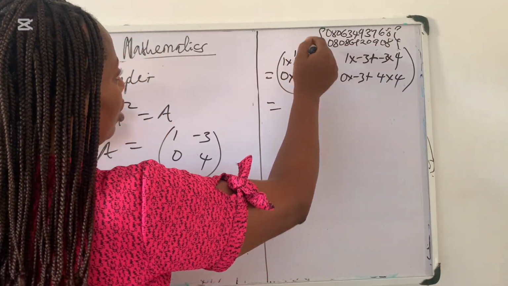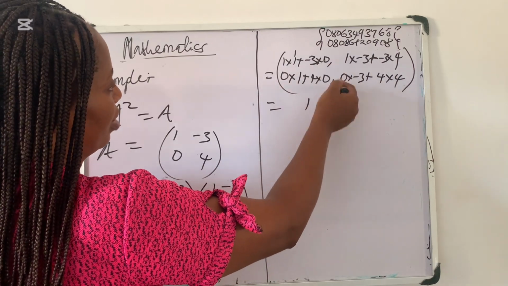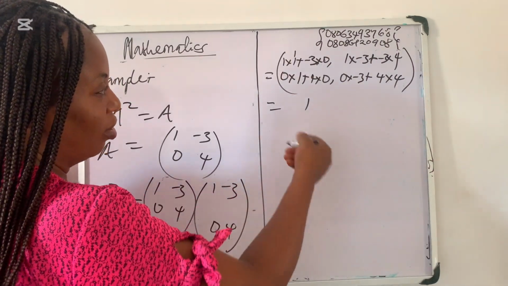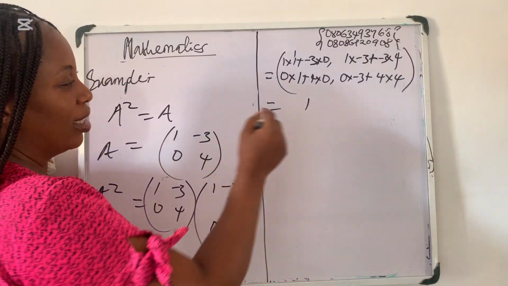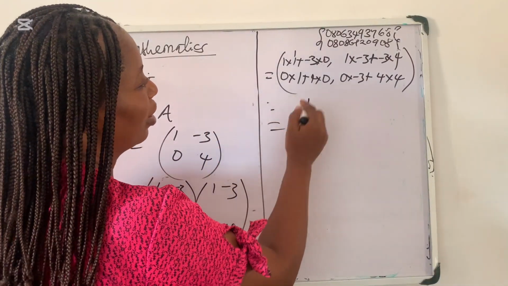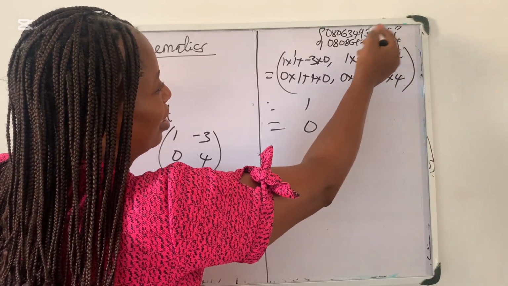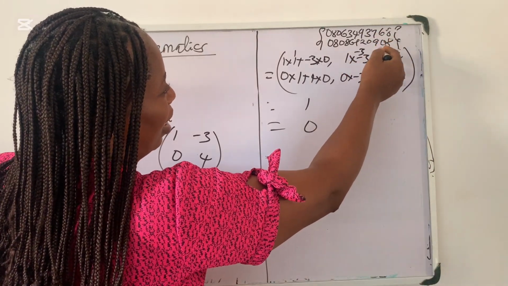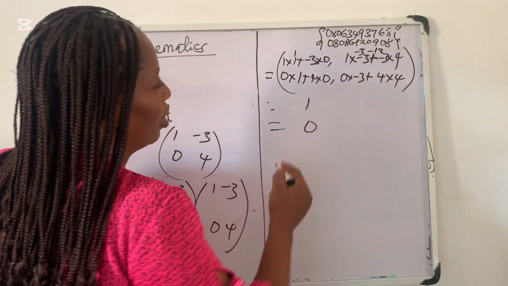1 times 1 is 1. This is 0. This is 0. That is 0 times 1 is 0. 4 times 0 is 0. Anything multiplied by 0 is what? 0. We have 0 here. 1 times minus 3 is minus 3. And minus 3 times 4 is minus 12.